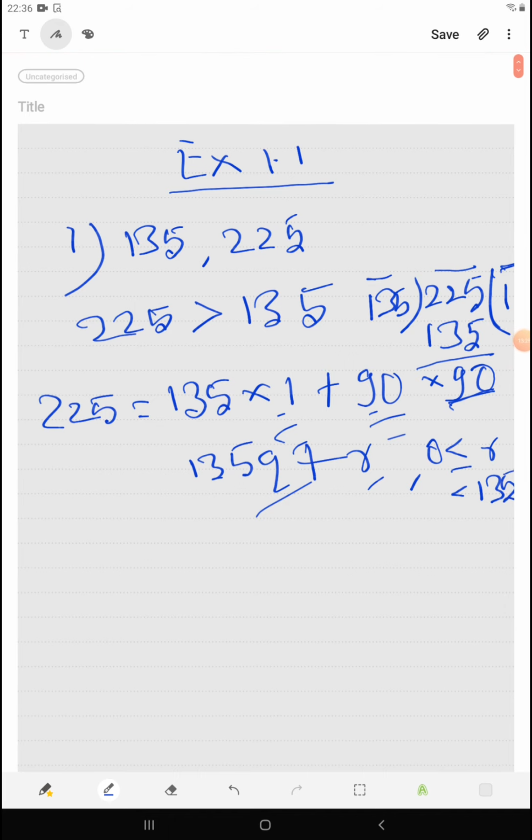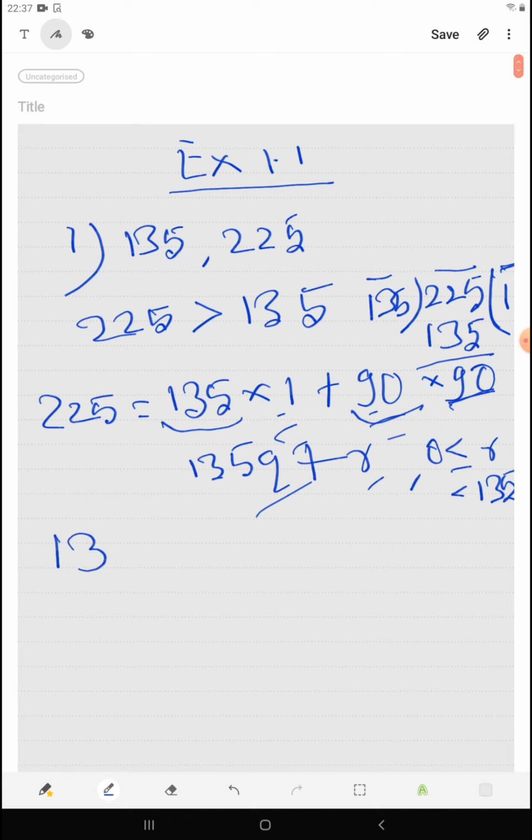Okay, 135. So you can see this. So division lemma we have applied over here. So here q is 1 and r is 90. Then you can see remainder is not 0. So we will proceed again with this divisor and remainder.